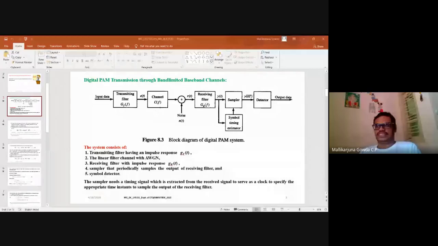I said if xn is equal to 0 for all n not equal to 0, then the second term will vanish. Only the output of the sampler will be equal to what? x naught Am plus Wm, where Wm is the additive white noise. So error will be only due to that noise, not because of the successive symbols.